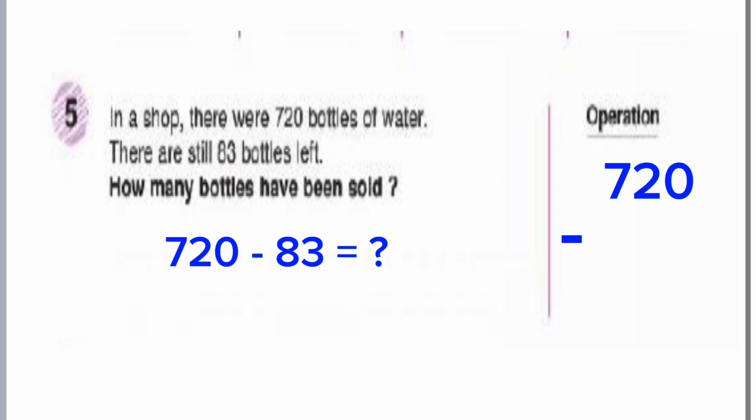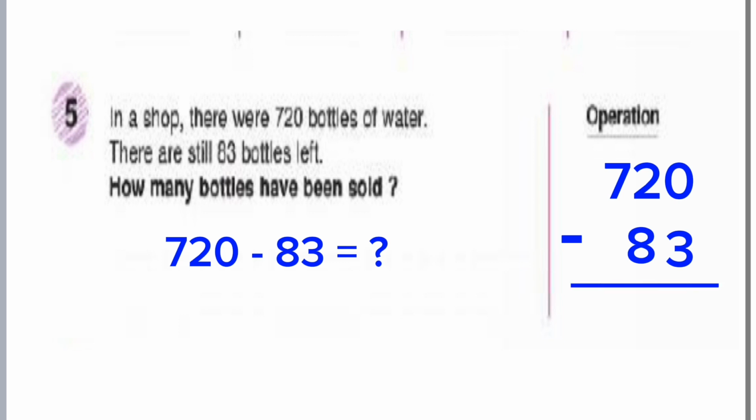So I fill it from the right side, where 3 must be under the 0 since it is the ones, and 8 must be under the 2 since it is the tens, and nothing under the 100 because 83 has no hundreds.